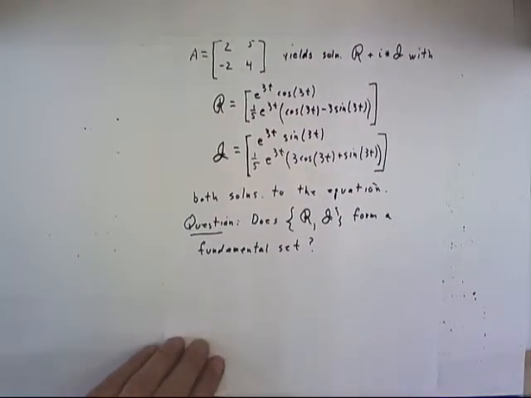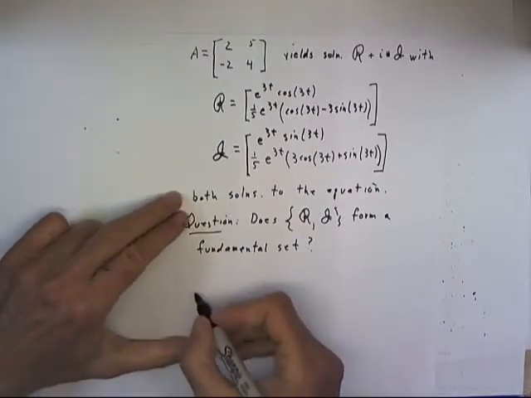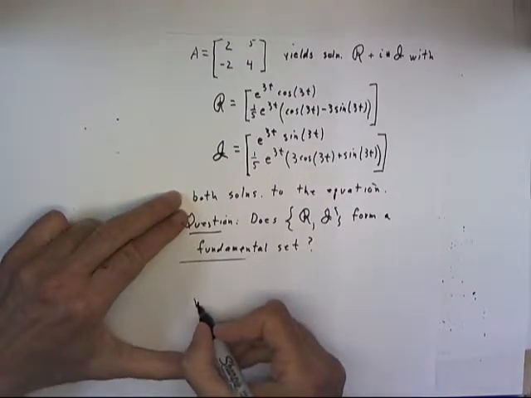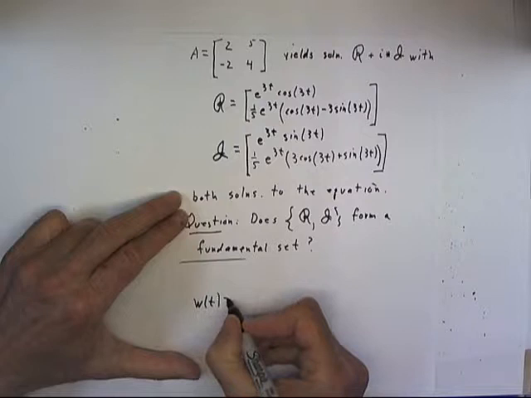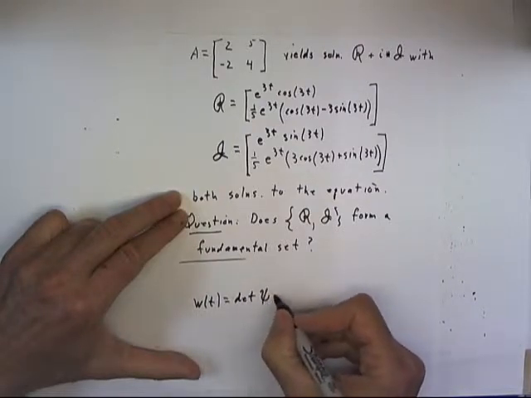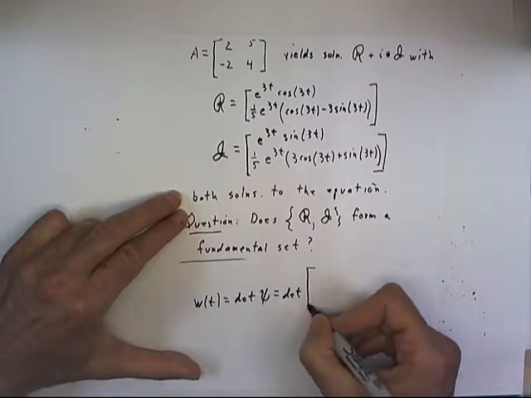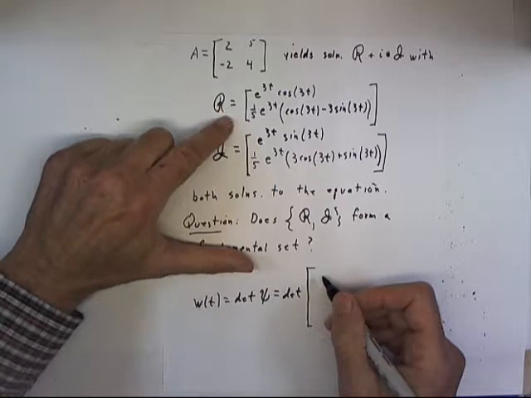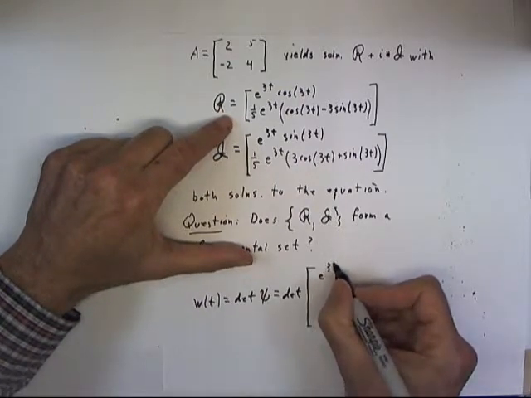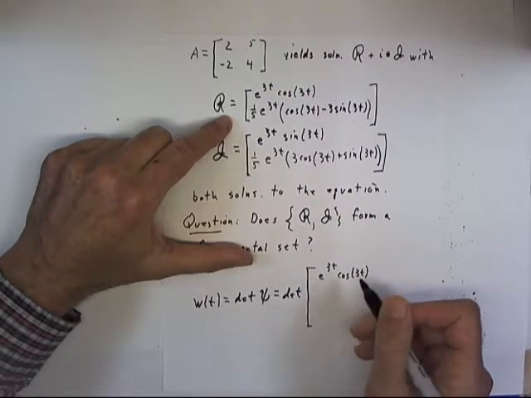We can easily test whether we get a fundamental set. We just test the Wronskian, which equals the determinant of the fundamental matrix, or the determinant of our solution matrix, which is just the determinant of e to the 3t cosine 3t.